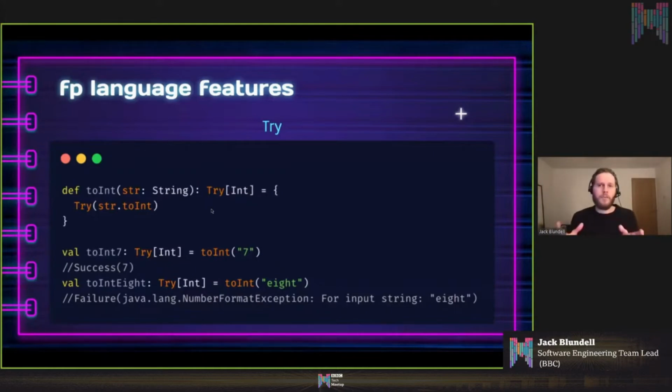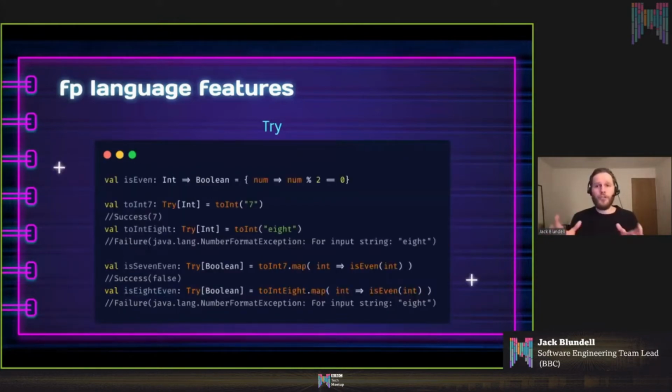Once we've got this, what happens if we want to do some manipulation of the value inside our Try? What if we wanted to check if it's even, say? There's a function called .map, and we can call that on our containers. Here we can pass the isEven function that we created earlier into our .map function. What that does is say: if the Try was successful, I'm going to apply the function we passed in on the value contained within the Try.